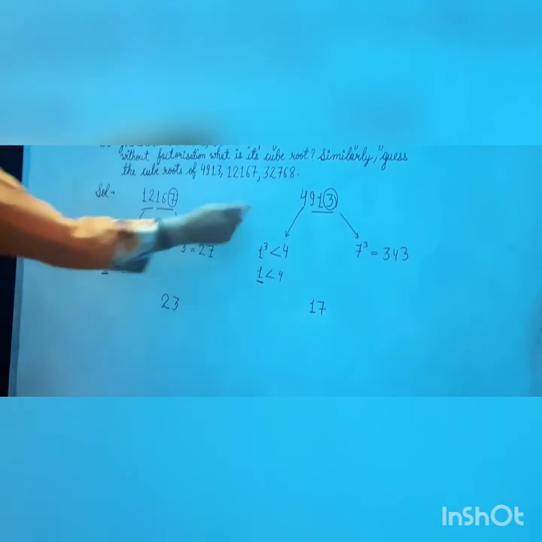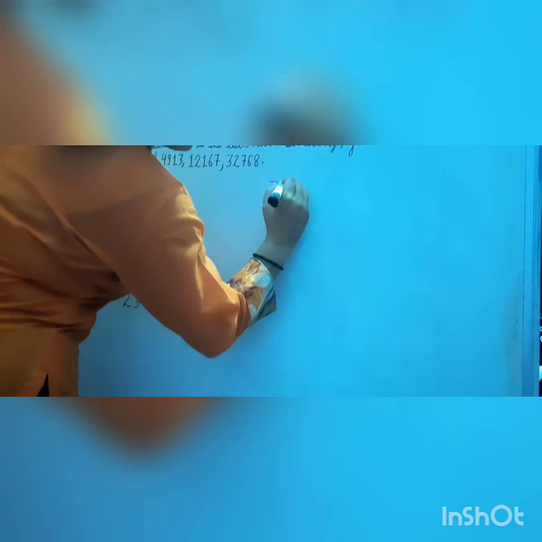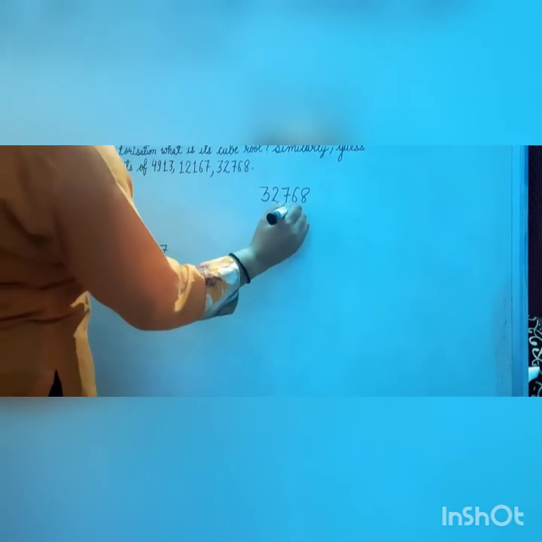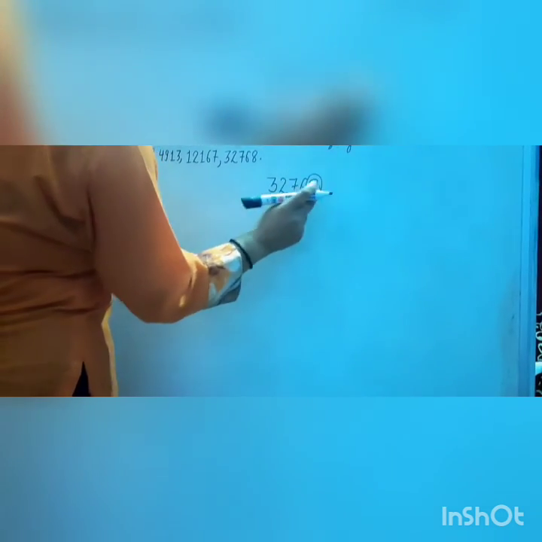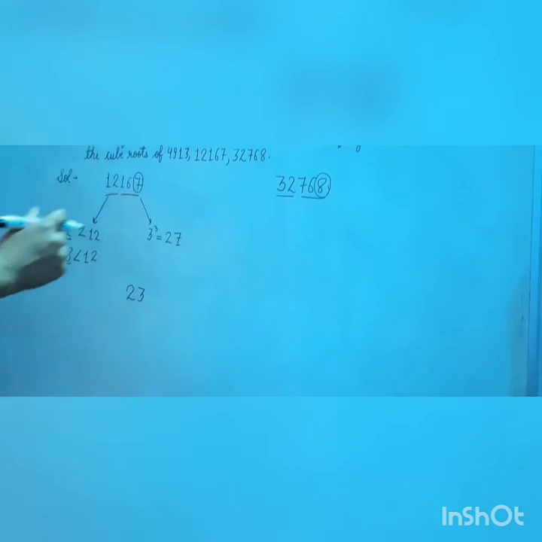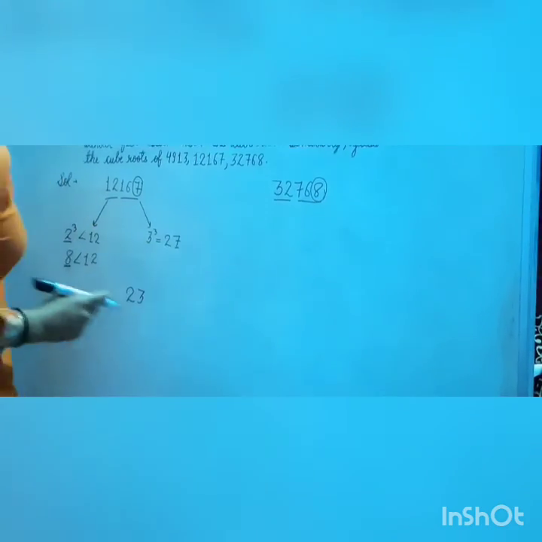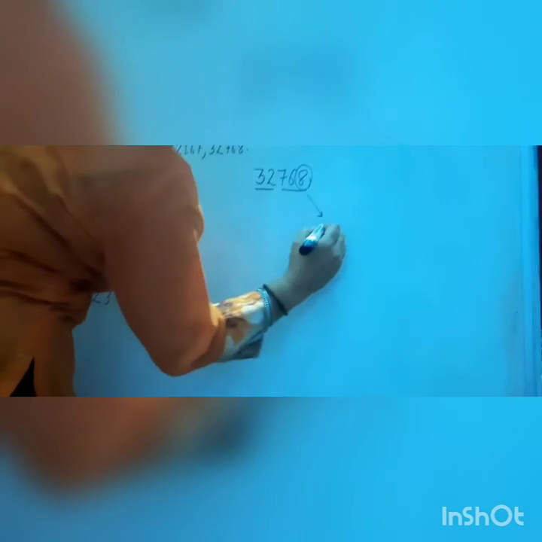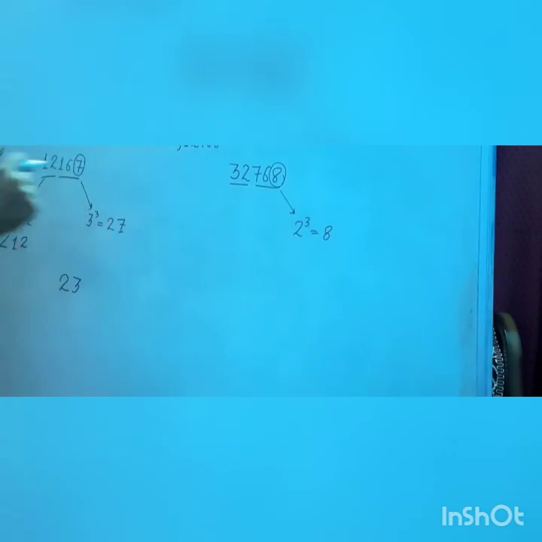Now we will discuss the fourth part. Your next number is 32,768. You take this 3-digit part and this 2-digit part. You can see that 8 is in the unit digit. The cube that gives 8 comes from 2. 2 to the power 3 is equal to 8: 2 times 2 is 4, 4 times 2 is 8.